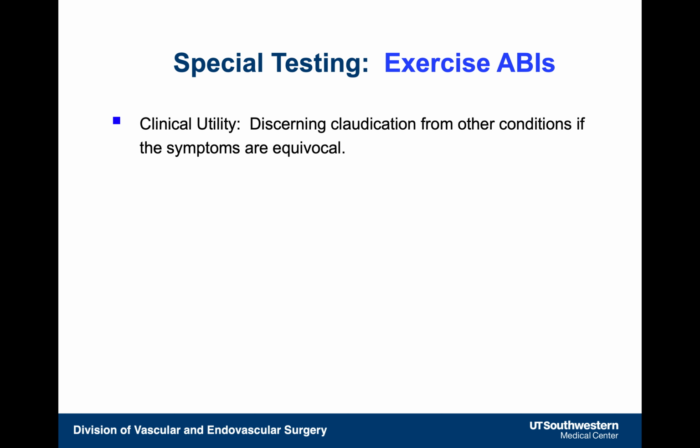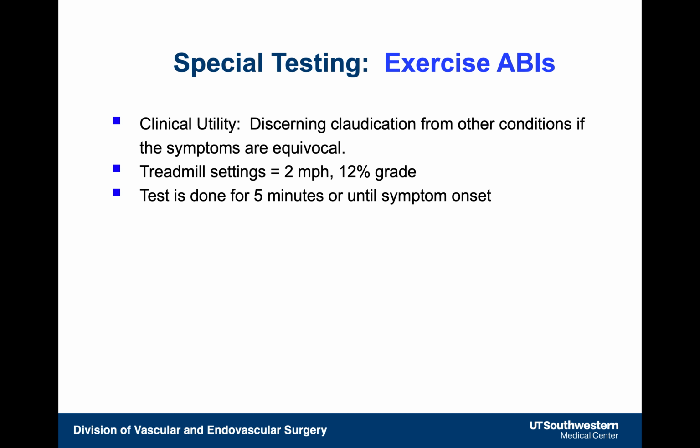So even without these tracings, this test can be done, and it can be very helpful. If you choose to do a formal exercise ABI test, it should be on a treadmill at 2 miles per hour, 12% grade. I will tell you to note those numbers because they tend to reappear in exams.